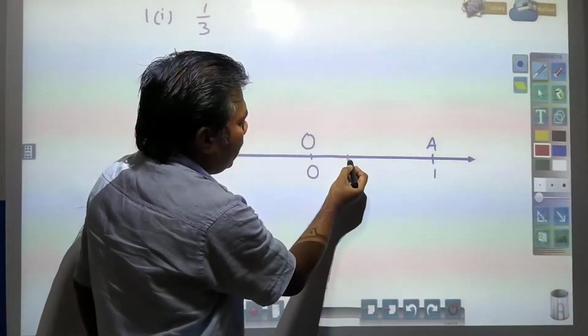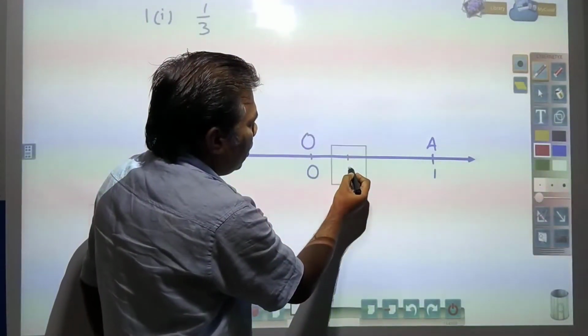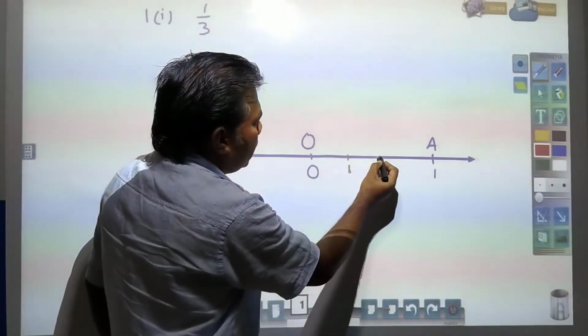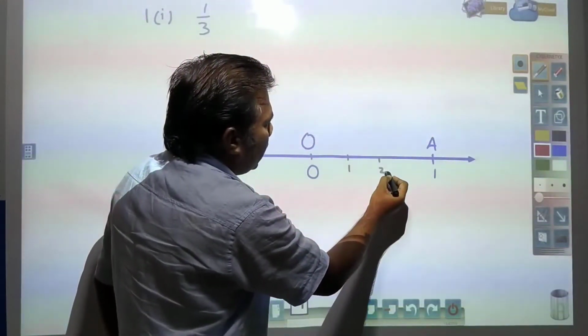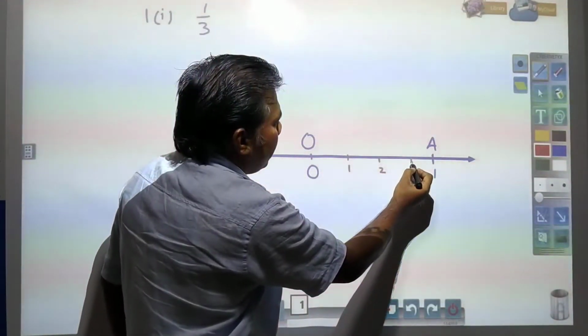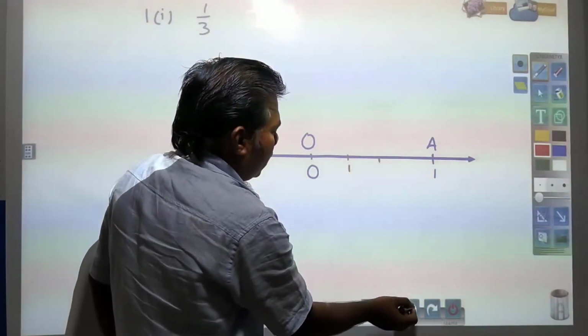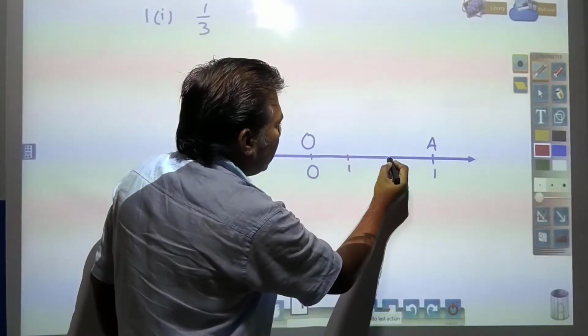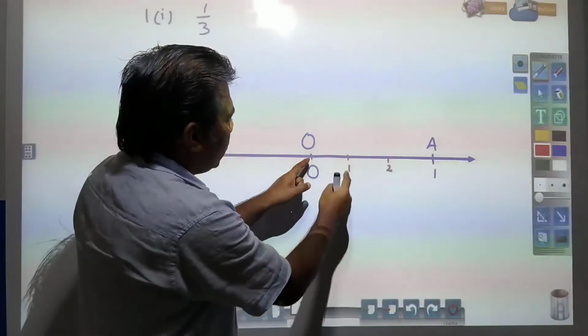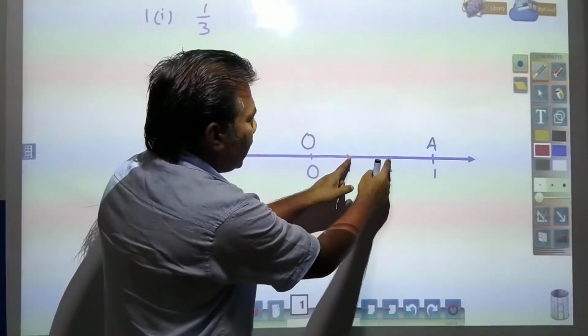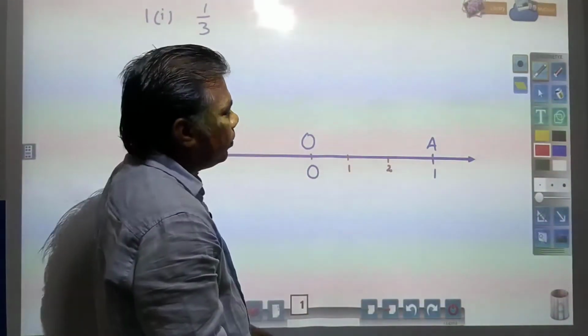Suppose you distribute this into 3 equal parts, you will have this as 1 and this as 2. Sorry, this will be only 1 and 2. So this is one part, second part and third part.